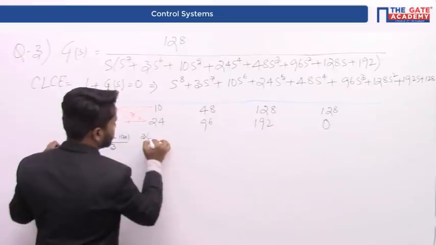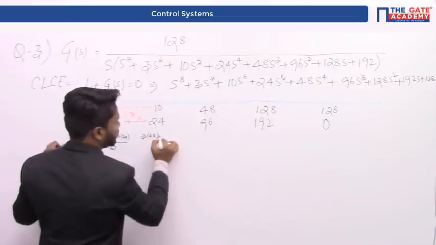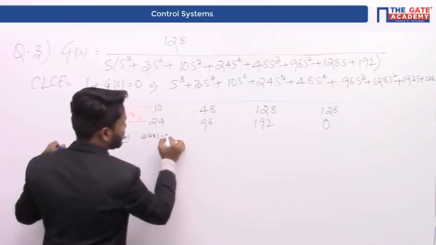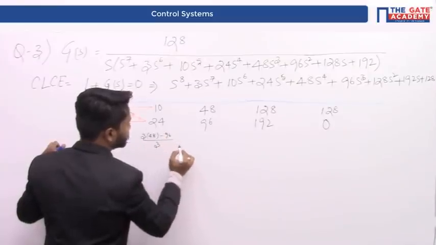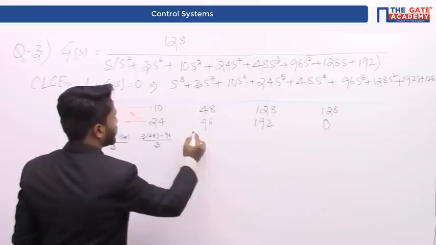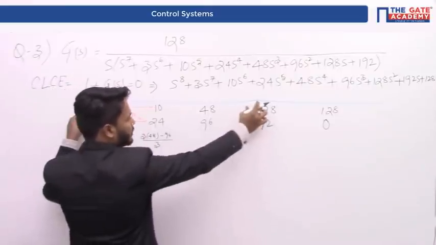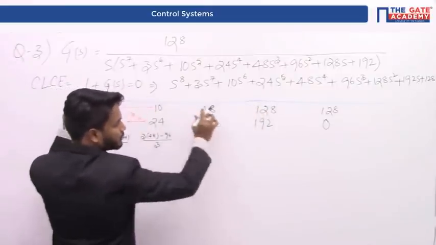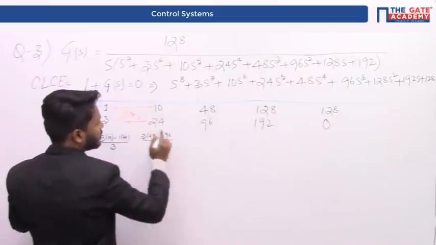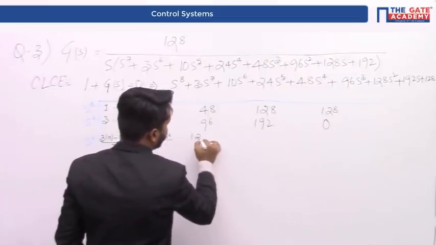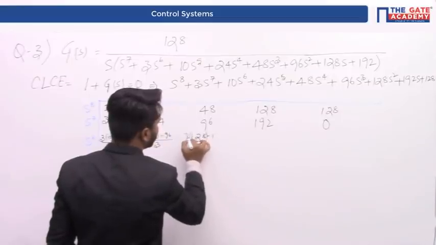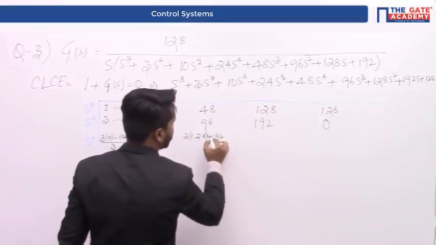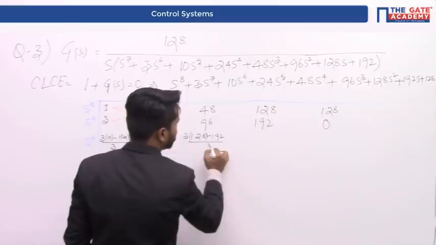That is 3 multiplied by 48 minus 96 divided by 3. Again, 3 multiplied by 128 minus 192 divided by 3.